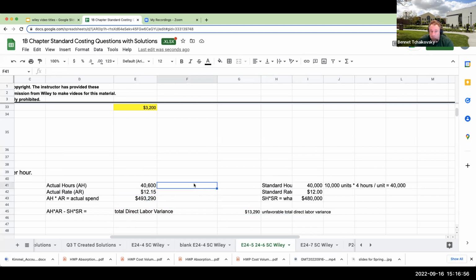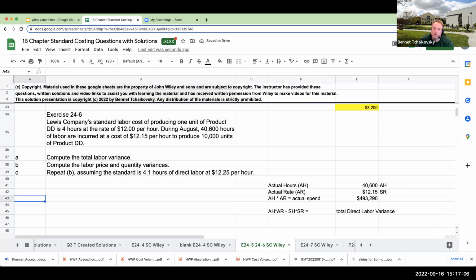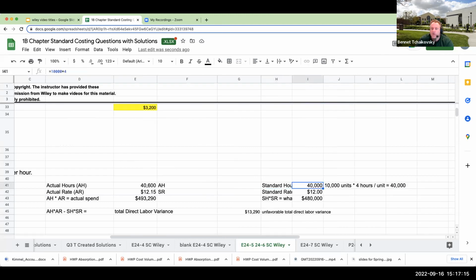Now, similar to what we did before, I'm going to put in my actual hours times my standard rate. This is to isolate what we call the rate or efficiency variance, or what Wiley is referring to here as the price and quantity variance. So when I take my AH times my SR, my actual hours are 40,600. My standard rate is 12.